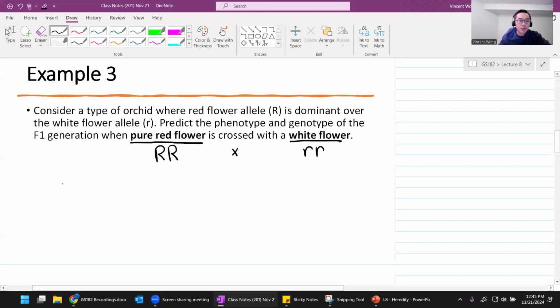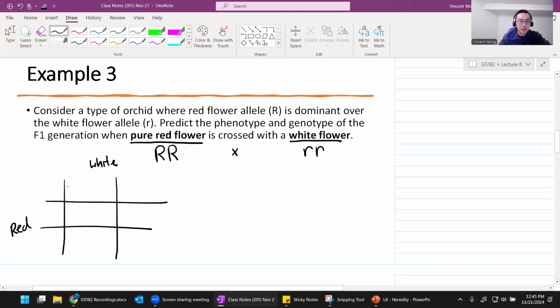Okay, so then we will do the Punnett square. Okay, I'll have the red here and the white here. Again, it doesn't matter. You can switch them and you will still get the same answer. So red is big R, big R. White is small r, small r.